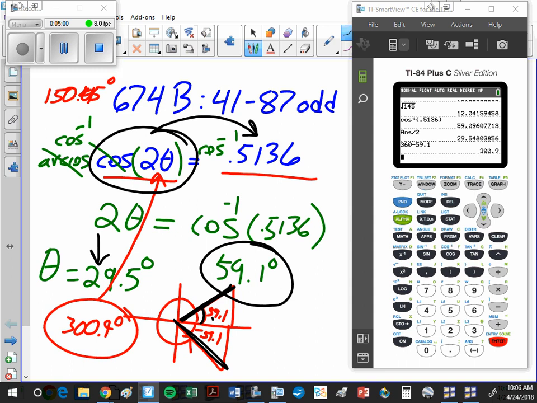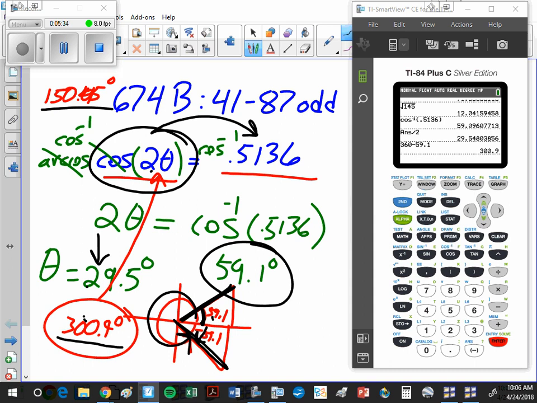So 59.1 is one of the terminal sides. Cut that in half, and I get 29.5. But this angle also gives me positive 0.51. So that angle is 300.9 degrees, which I got by subtracting 59.1 from 360. And now this angle is equal to 2 theta, and I cut it in half, and I get 150.45.